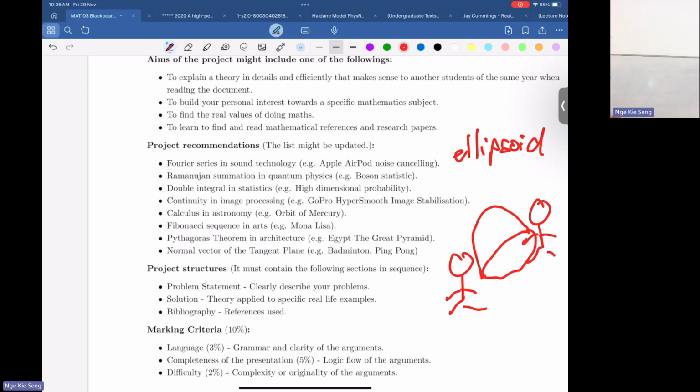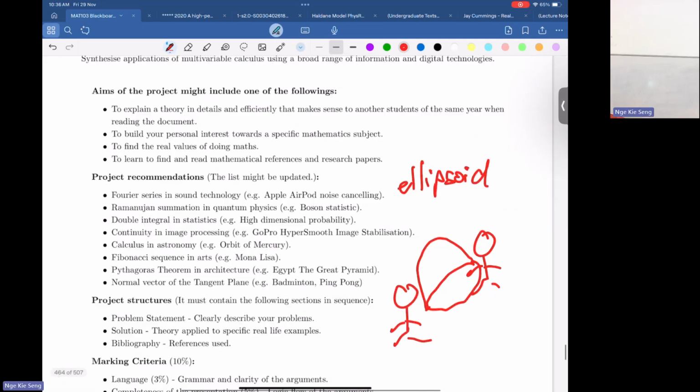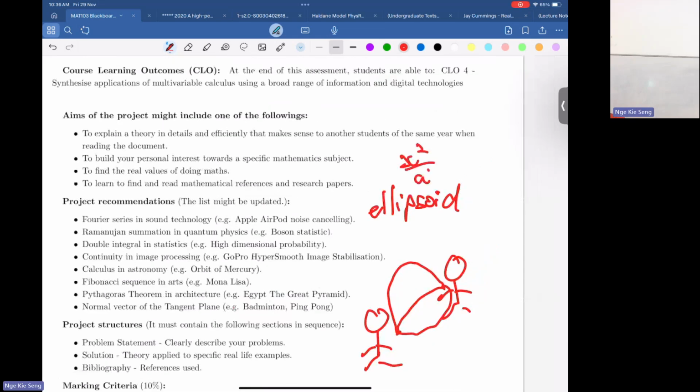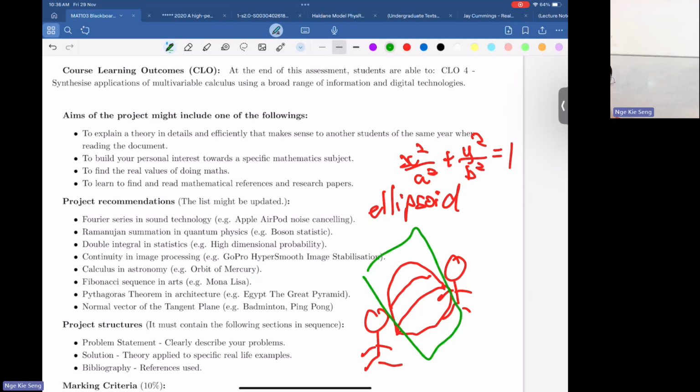But did you learn how to give the ellipsoid equation or not? What is it? x squared over a squared plus y squared over b squared equals 1. But you just want a single curve, meaning you are intersecting this ellipsoid surface with a plane.